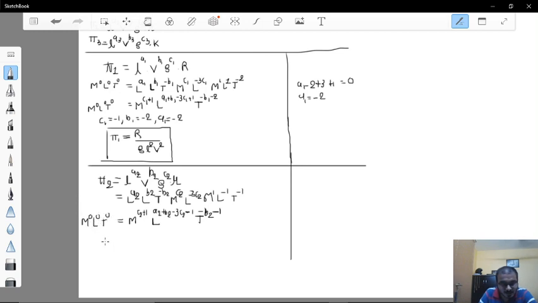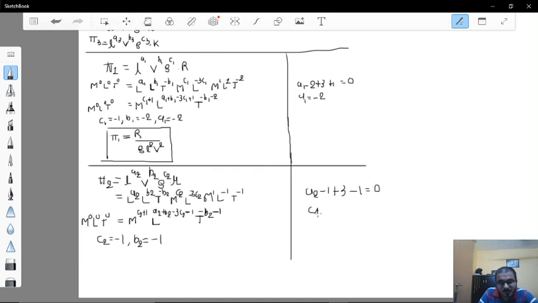So we have obtained the value of C2 is equal to minus 1, V2 is equal to minus 1, and regarding A2 we can get minus 1 plus 3 minus 1 is equal to 0.